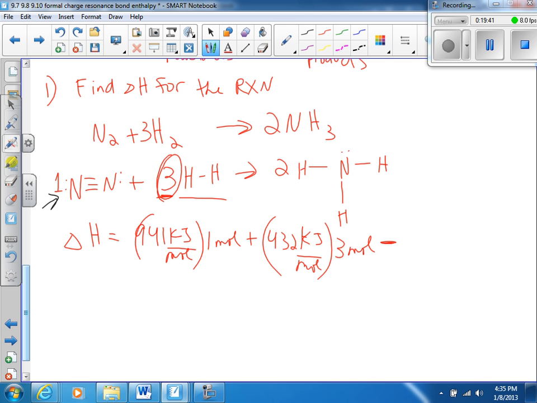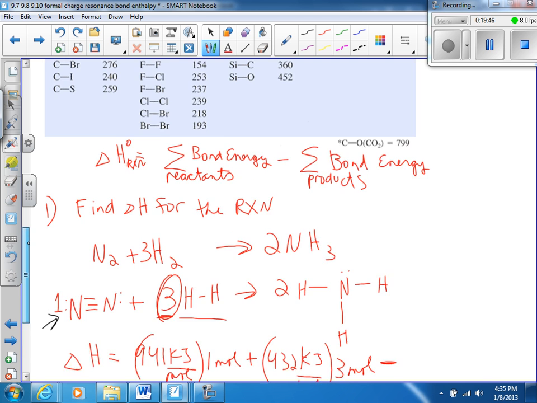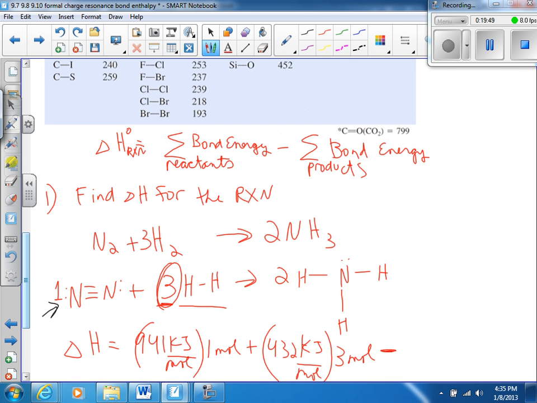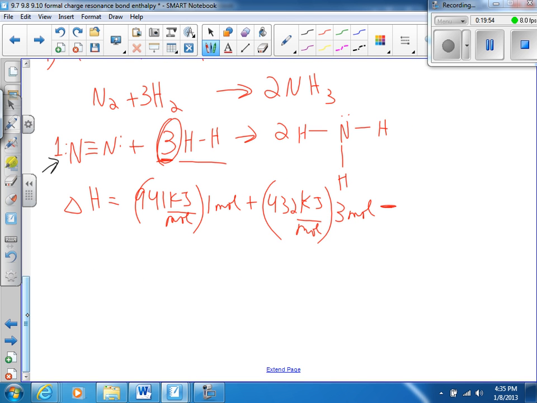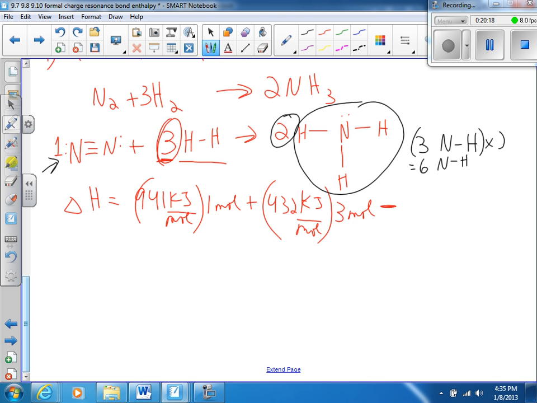Now we have to subtract off all of the products, because remember, our equation when we have bond energy is a little different. It's reactants minus products. So we just did the reactants, now we're subtracting the products. And in the products, in each NH3, notice I have 3 N–H bonds, right? But note I have 2 NH3 molecules, so I actually have 6 N–H bonds because I have that times 2.